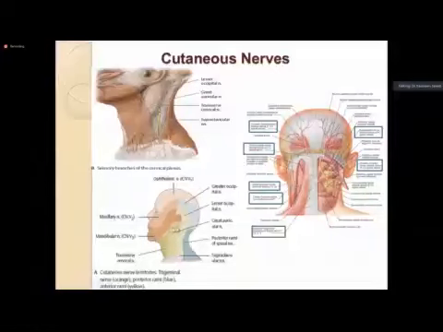And on the back side, the posterior rami of the spinal nerves basically contribute to the cutaneous innervation posteriorly. Here, this is the posterior part of the head and neck. We have this greater occipital nerve.